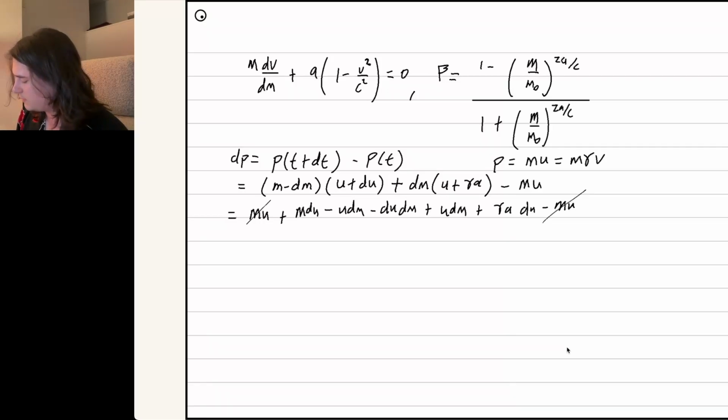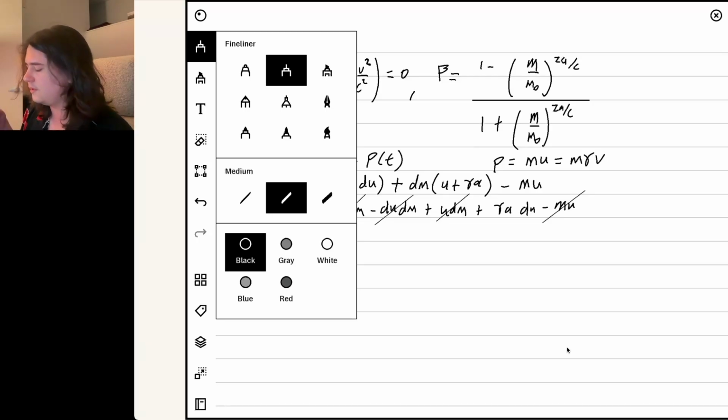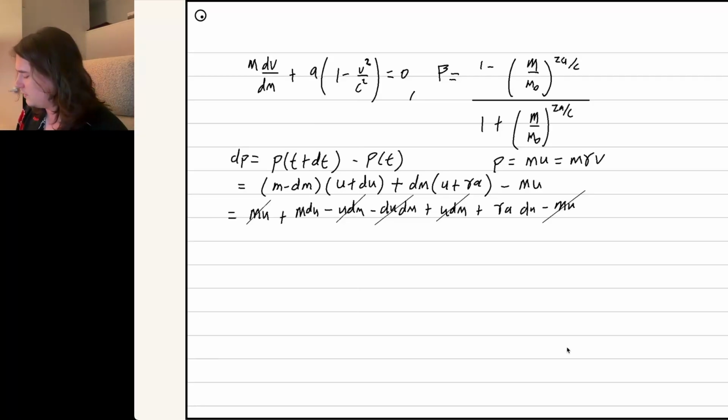So mu cancels out mu, u dm cancels out u dm. This goes away because it's a differential times a differential, so second order, and differential change says that that will tend towards zero. So we have dp is equal to m du plus gamma a dm, actually, it's supposed to be an m there, dm.